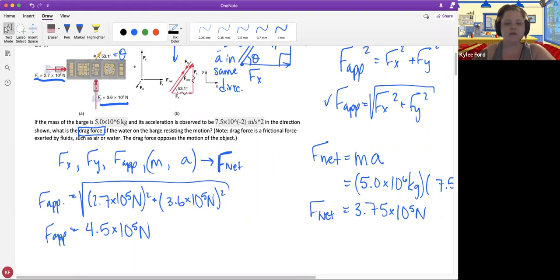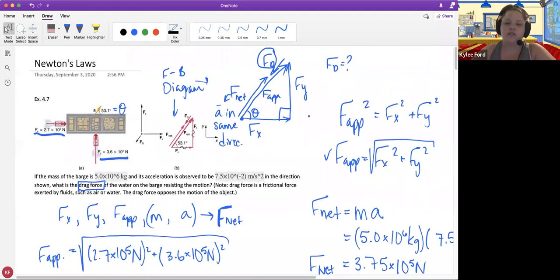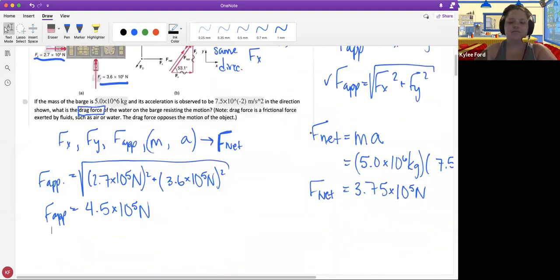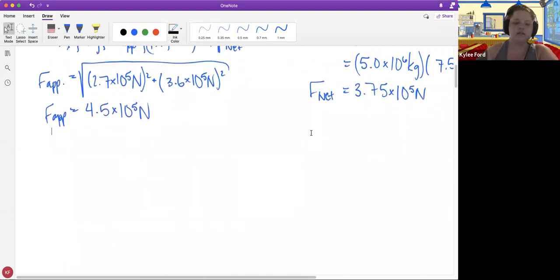So the final thing is to figure out the drag force. When we're looking at our diagram here, maybe I'll draw it again real quick. Again, we have some force in our x direction, force in the y direction, pretend that's a right angle. And we have our applied force, which is those two added together.